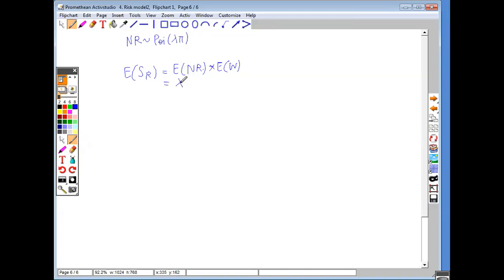So my expectation of NR will just be lambda pi, and I'm just gonna write this as expectation of W, as it is. Does this make sense to everyone? Yes or no?